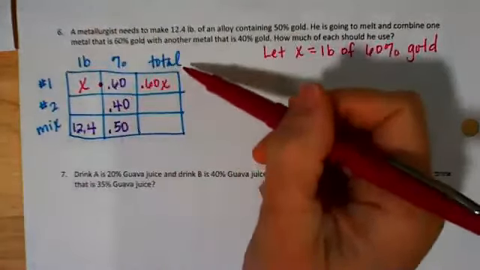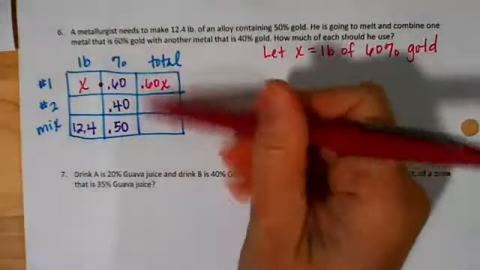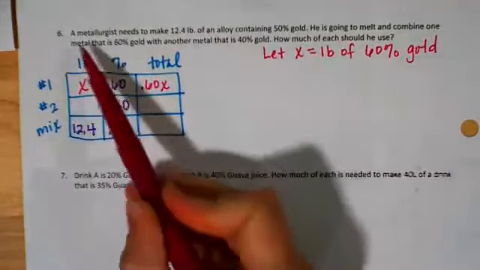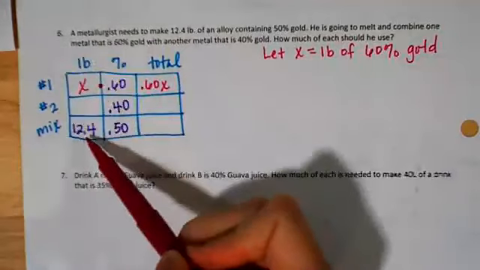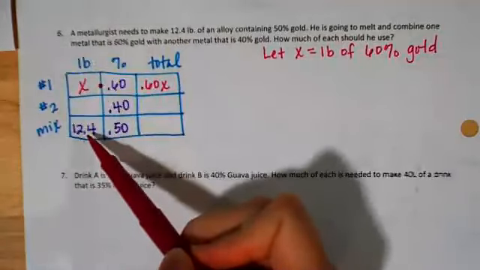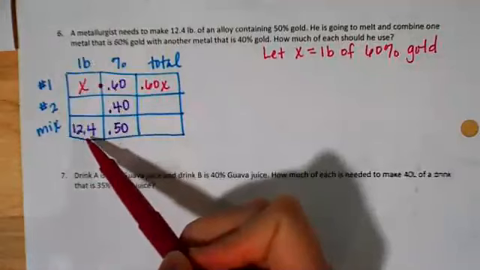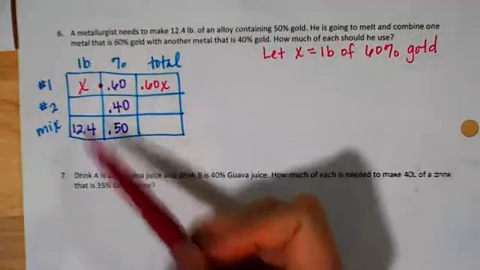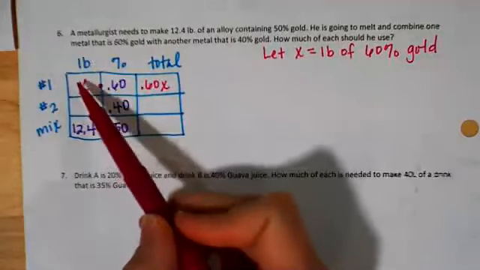Like I said, we're only going to use one variable. Remember that in my total column, I was adding those together. I can do the same thing with my pounds. I know that my mixture is going to have 12.4 pounds of that metal, and I already have X amount.